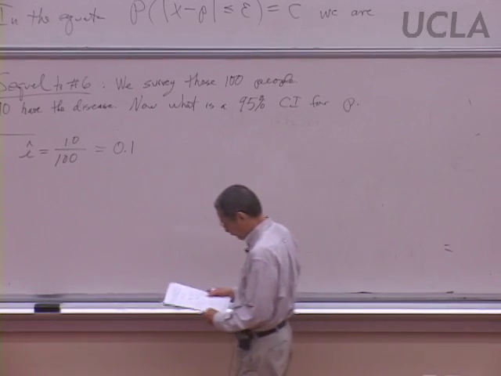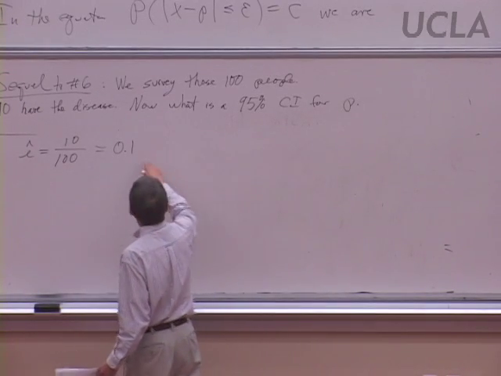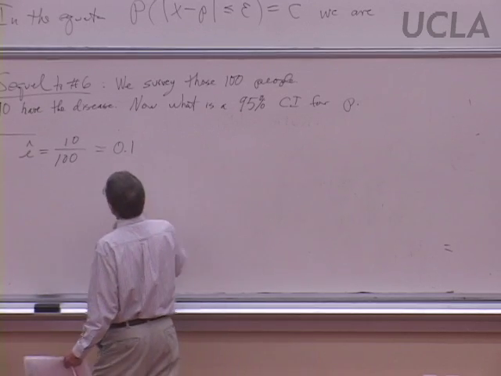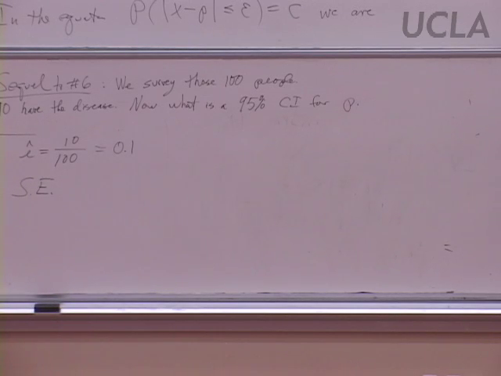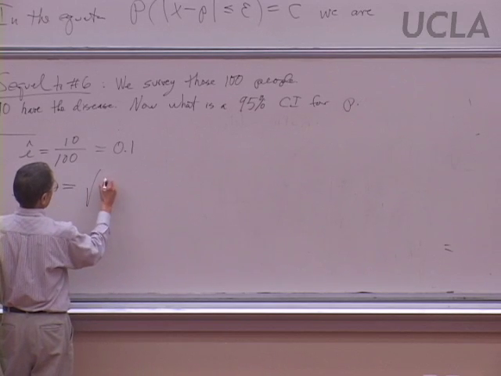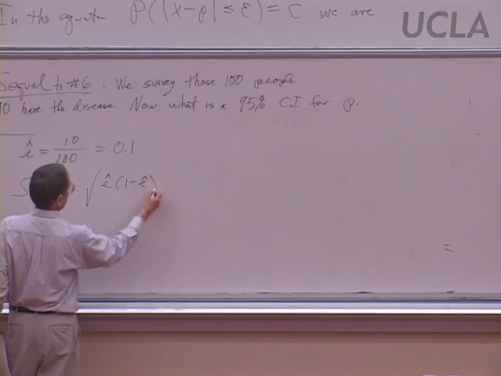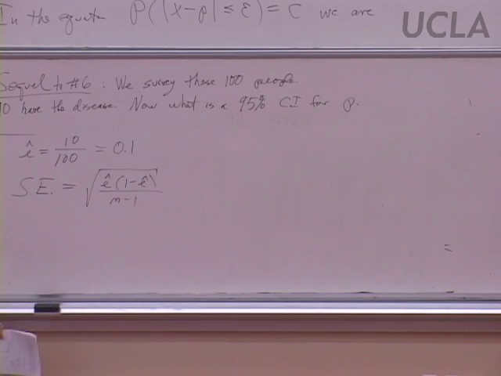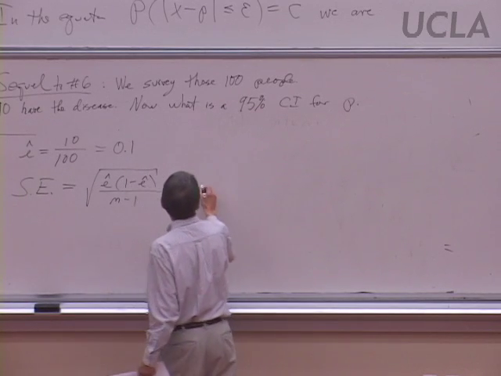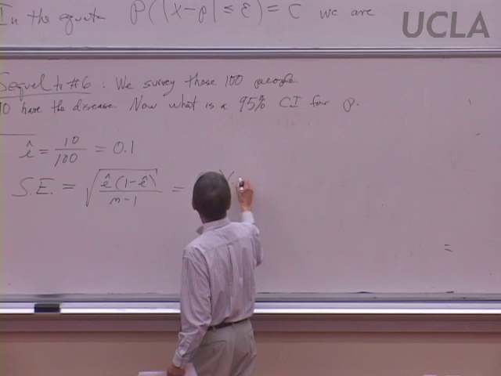So to work out the standard error, okay, this is the binary case, right? Binary random variables. So we have that formula for the standard error, the square root of E hat times 1 minus E hat over n minus 1. Okay, so 0.1, 0.9.